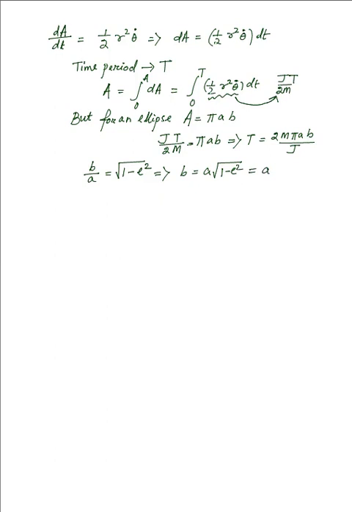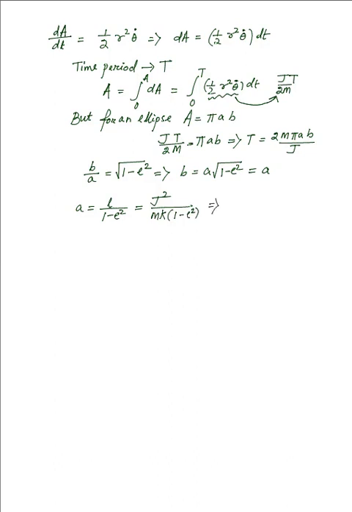Well, we can put that value, because a is equal to L divided by 1 minus e squared, so we have j squared divided by mk times 1 minus e squared, which is just substituting the value of L over there.